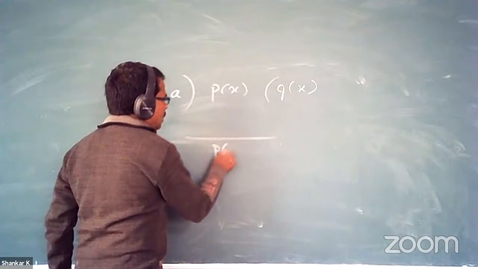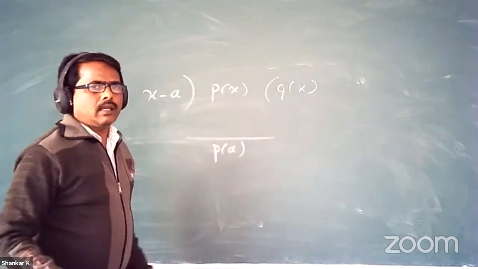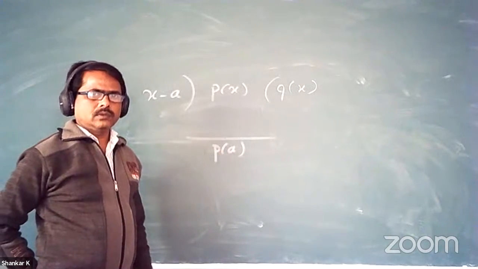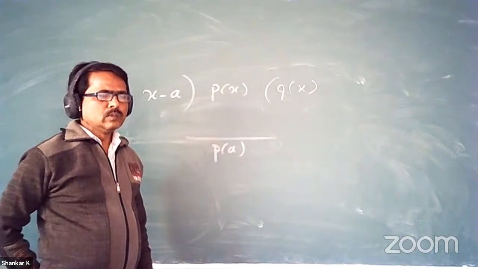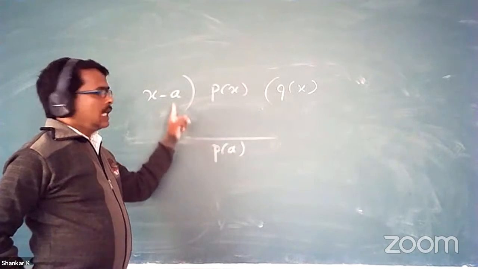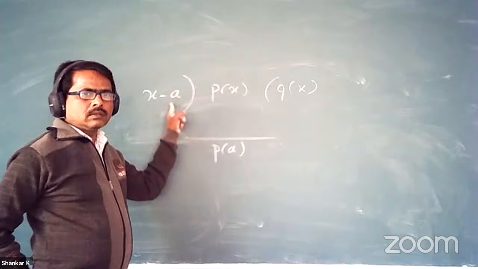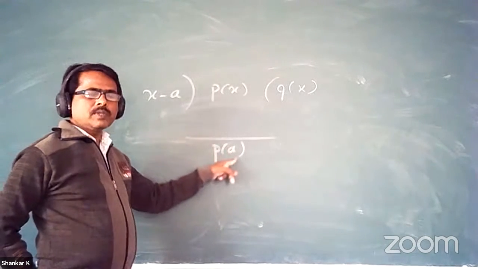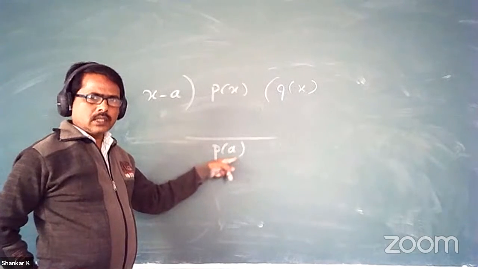The remainder is p of a. If you want the remainder, p of a should be calculated. If this remainder is 0, what is the meaning? x minus a is a factor. If x minus a is a factor, remainder should be 0. Understanding?